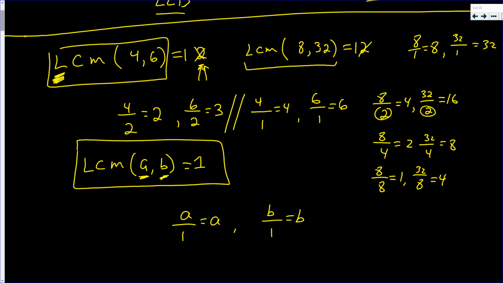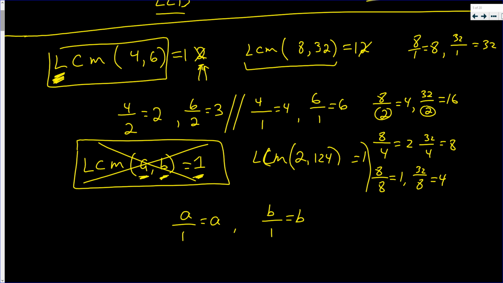If you think the answer is always 1, then there'd be no reason to even talk about the least common multiple. Why? It's always 1. When your teacher says, what's the LCM of, you immediately say 1. It doesn't matter what two numbers, because 1's the least number that goes into both of them.